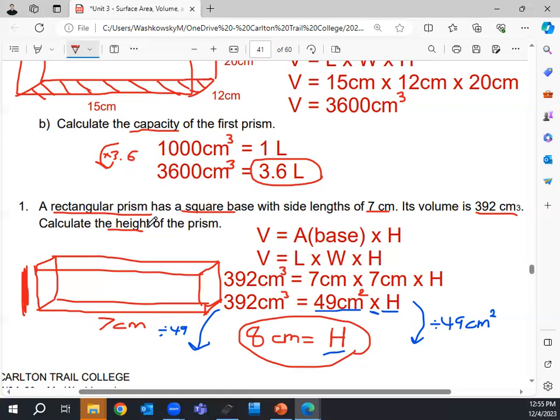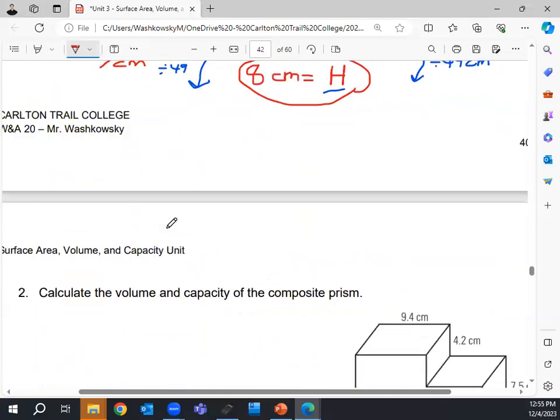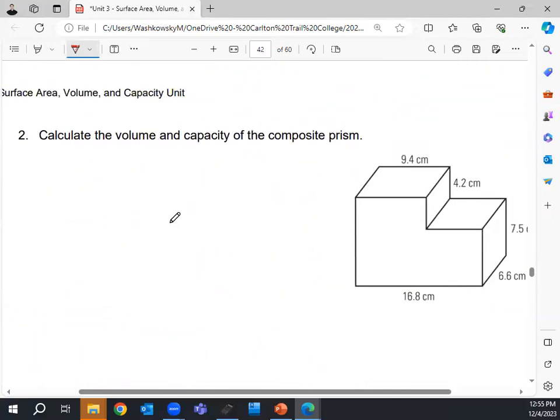Now, if you take a look at the next question on the next page, my question for you is, just tell me in plain English, how could I solve this? How could I figure this out? There's 2 ways. There's 3 ways. So let's start with just the volume. If I want to find the volume of this, how do I do that?